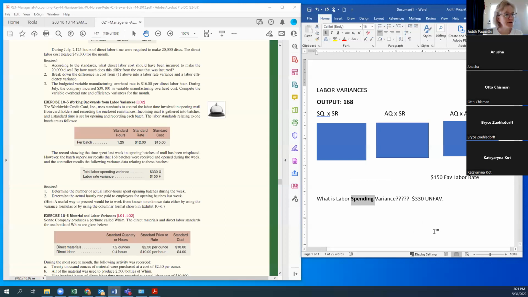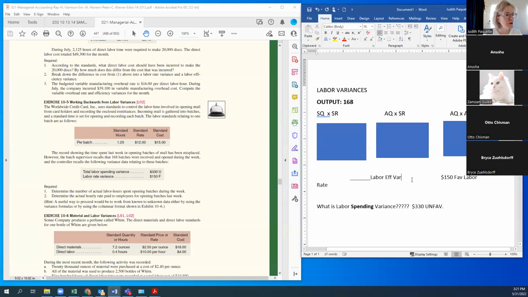So labor spending variance is going to be labor efficiency variance plus labor rate variance. Good. The two combined equal 330 unfavorable. So what does that tell you that labor efficiency variance has to be?